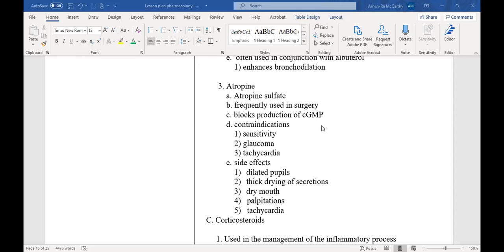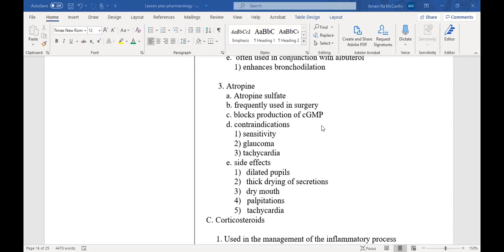Okay? So there's only two medicines on the parasympatholytic or the anticholinergic side, and that's Atrovent and atropine. Atrovent is ipratropium bromide, the one we inhale with albuterol. Atropine is an IV that you give to increase the heart rate.